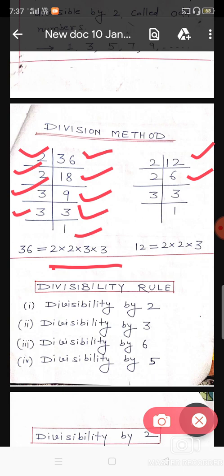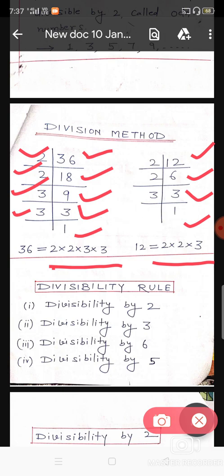Again 2 3s are 6. 3 can be divided by 3. 3 1s are 3. So that 2 into 2 into 3, means 2 and 3 are prime factors of 12. Okay, very good. It means in the prime factorization method we will find out the factors but in prime numbers.